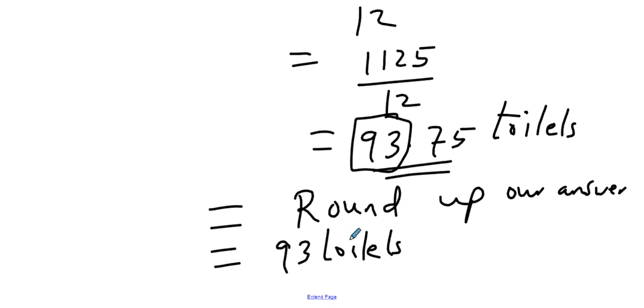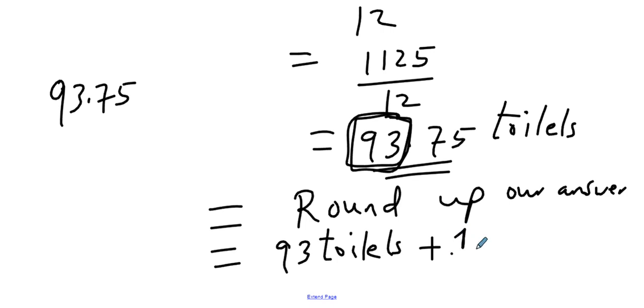That is possible. How many toilets do you have in town? We have 93 toilets in town. But to say we have 93.75 toilets in town doesn't make sense. So here you take 93, the whole number, then plus one extra toilet.